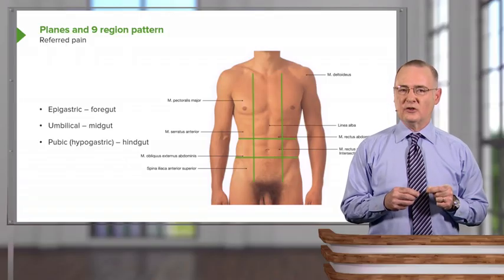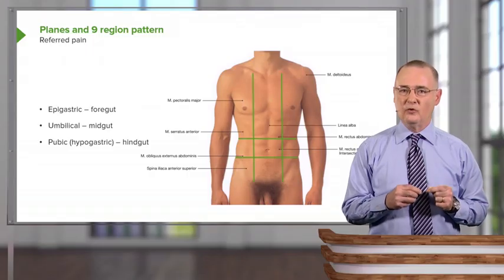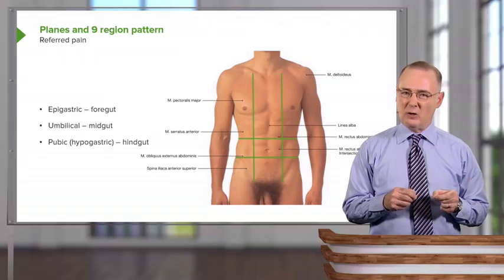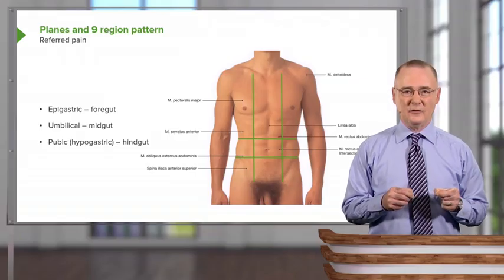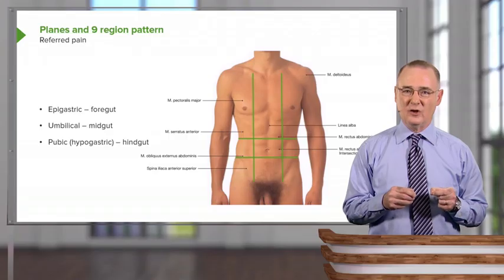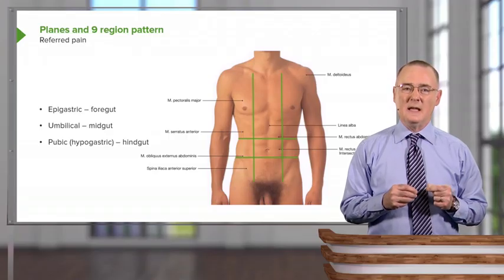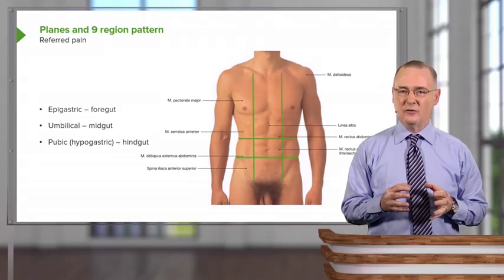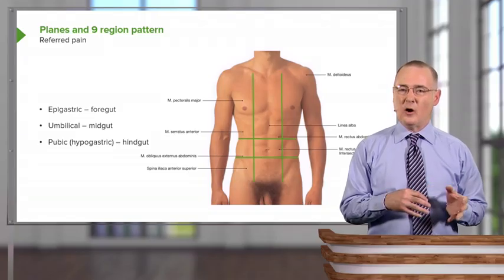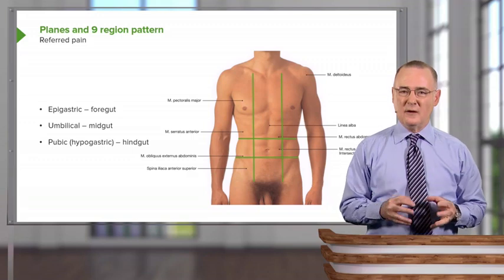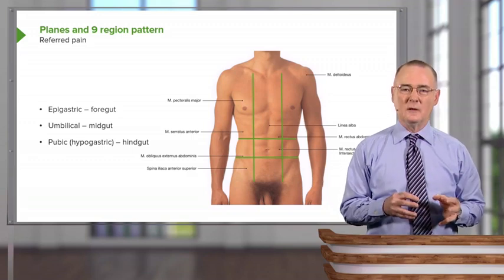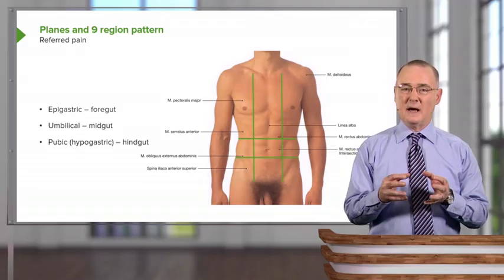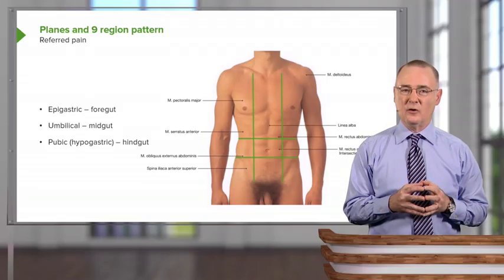Adult structures derived from the foregut would include the esophagus, the stomach, liver, gallbladder, pancreas, and the proximal portion of your duodenum. The midgut-derived structures would include the distal duodenum, all the remainder of the small intestinal segments, the cecum, appendix, ascending colon, and about the proximal half of your transverse colon.